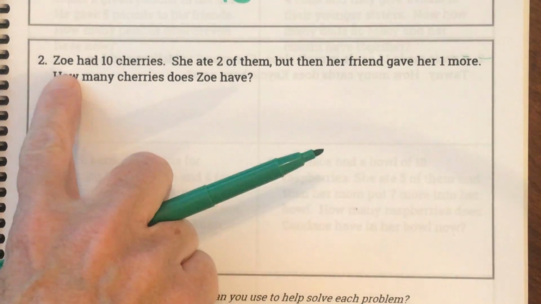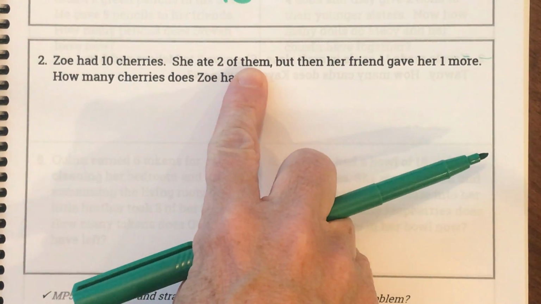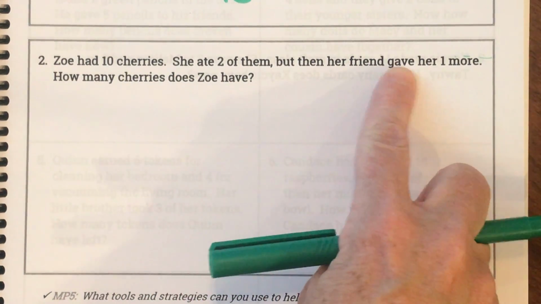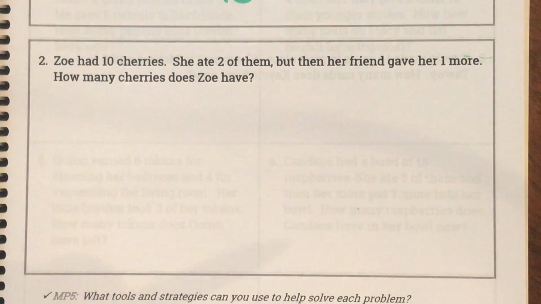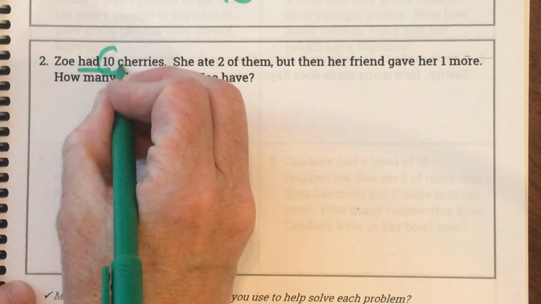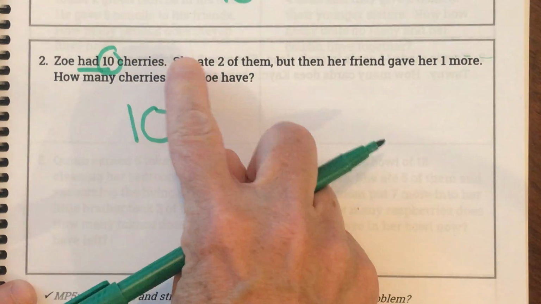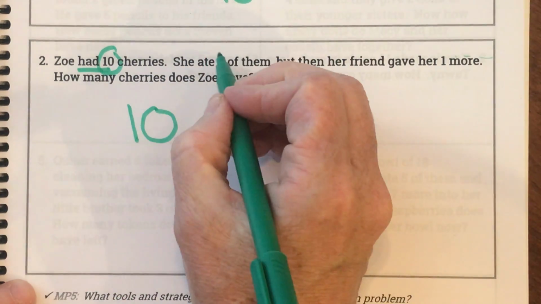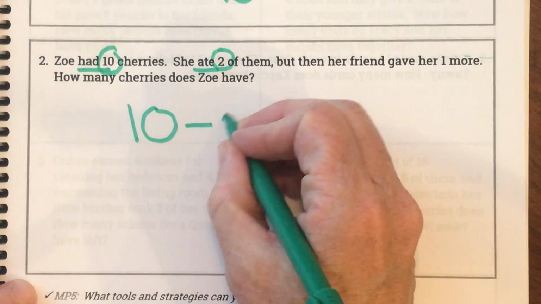Okay, let's do one more together. Ready? Zoe had 10 cherries. She ate 2 of them, but then her friend gave her 1 more. How many cherries does Zoe have? Okay, ready? So Zoe had 10 cherries. So that would be 10. She ate 2 of them. Okay, if you eat something, that's a takeaway.